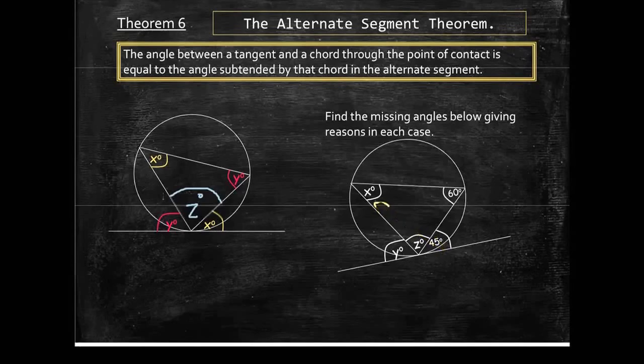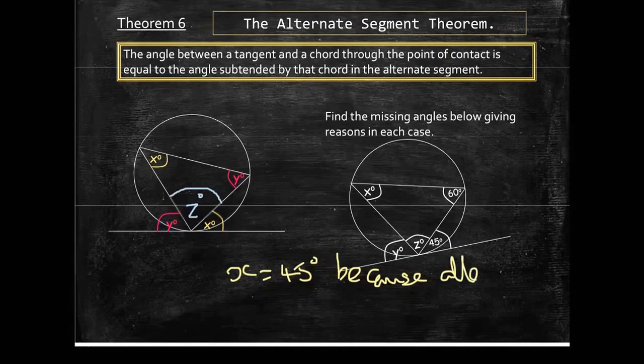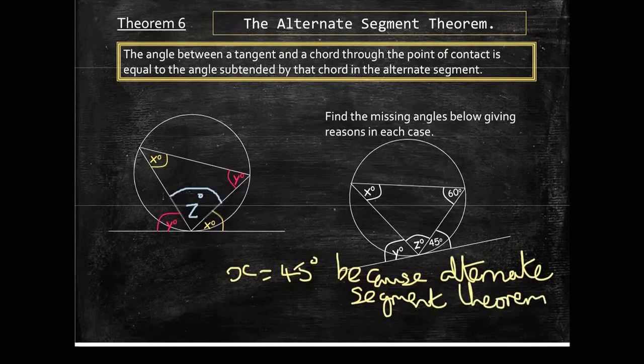So we can straight away jump in and say x is 45 degrees. Reason why? Because alternate segment theorem. That's enough in your exam to get the full marks.